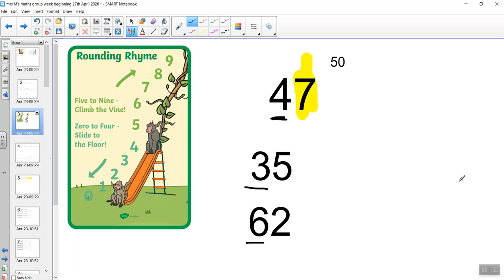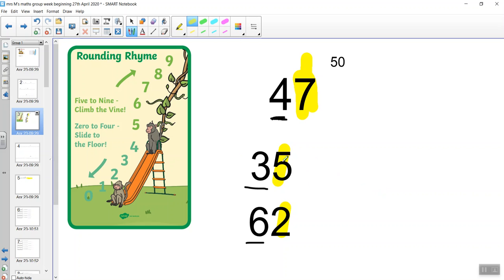So that means it will be a 30 or a 40, a 60 or a 70. And this digit here is the one that's going to help me to decide whether I round it to 30 or round it to 40, whether I round it to 60 or round the number to 70. Have a look, pause the video and have a go.